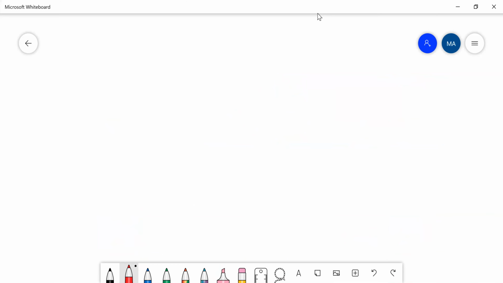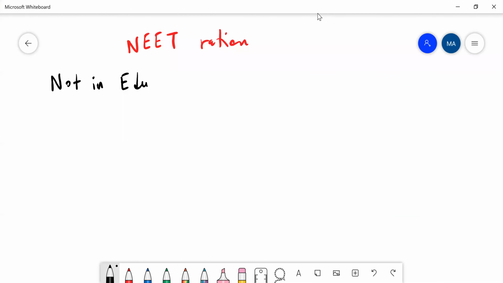Now, the last thing I want to discuss is the NEET ratio. So this is the abbreviation for not in education nor in employment.